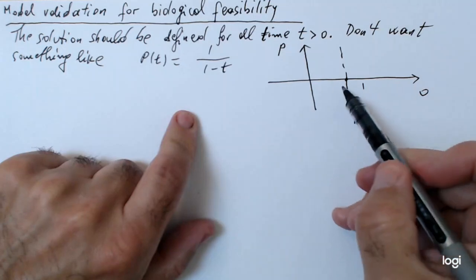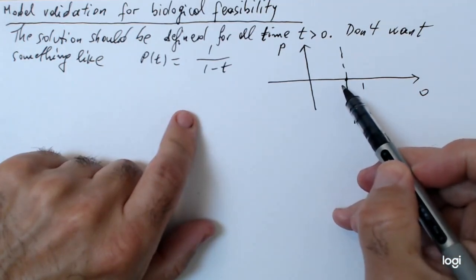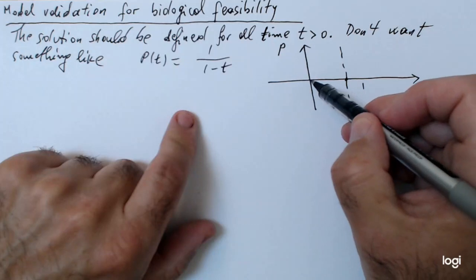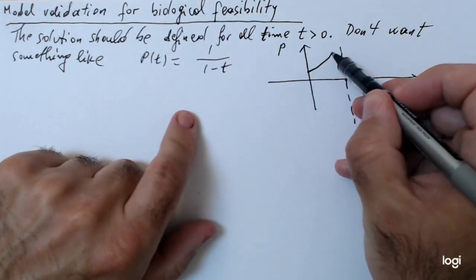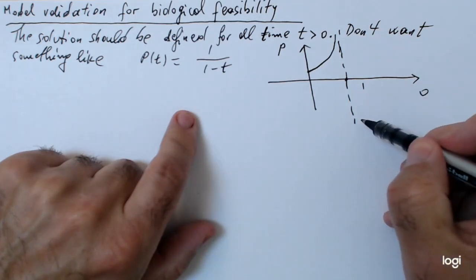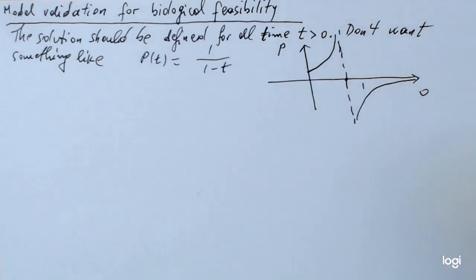If you approach 1 from the left side, that's going to be positive infinity, right? So it starts from 1 at t equals 0, goes up like that, vertical asymptote, and then minus infinity, and as t goes to infinity, it approaches 0, right? So that's the graph of 1 over 1 minus t.